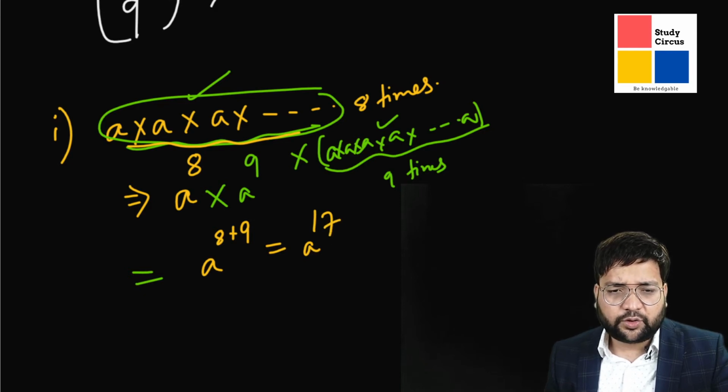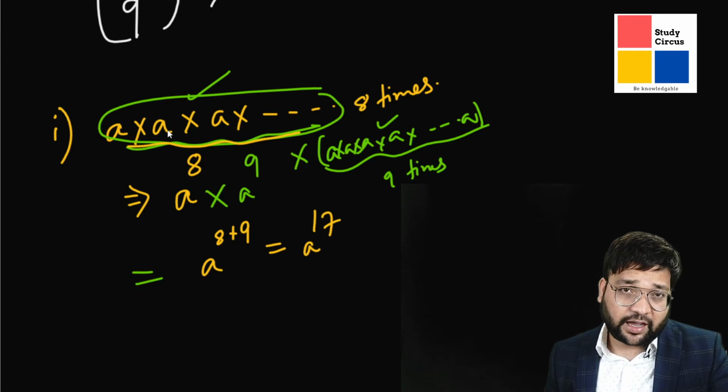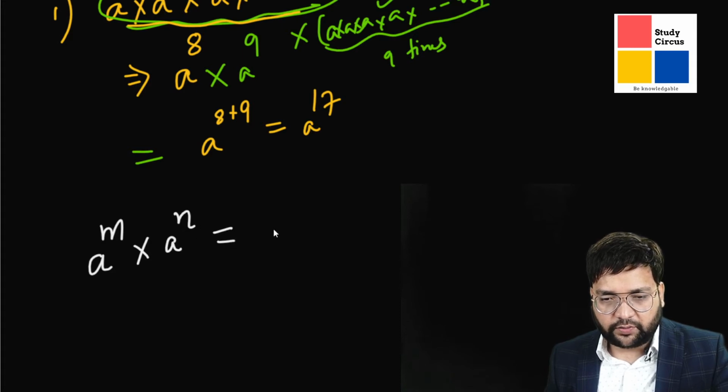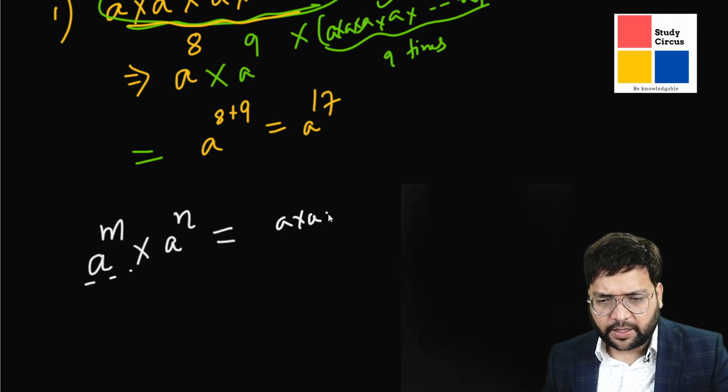So now we can write it in a generalized form. How? The first rule is a to the power m into a to the power n is equal to what? This is a into a into a, m times, and then into again a, n times.